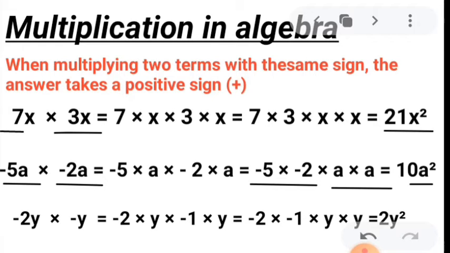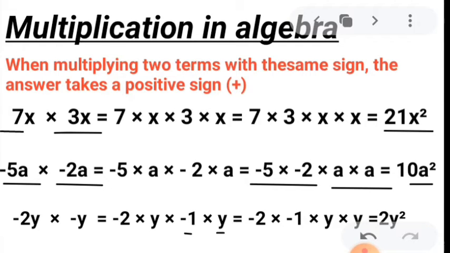Now we have minus 2y times minus y. Minus 2y simply means minus 2 times y, and minus y, because there is no number in front of the y, it assumes the number 1, and there is a negative sign in front of the y, so it takes the number minus 1. So minus y becomes minus 1 times y.